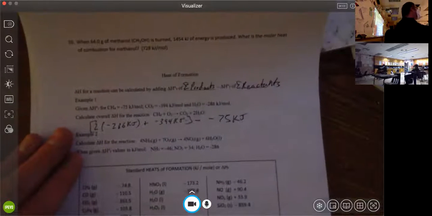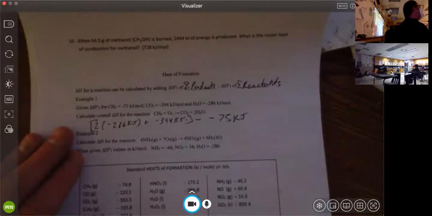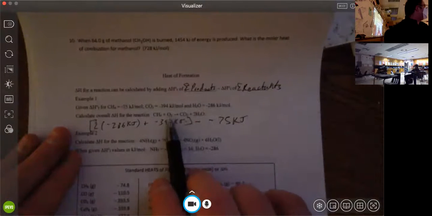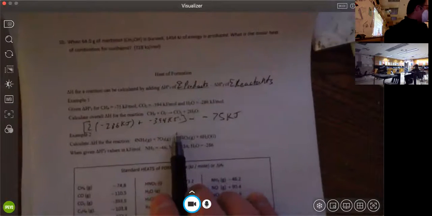Why don't I worry about the oxygen? It's 0 because it's the standard state of matter for O2, right? It doesn't say gas there, but we're assuming.